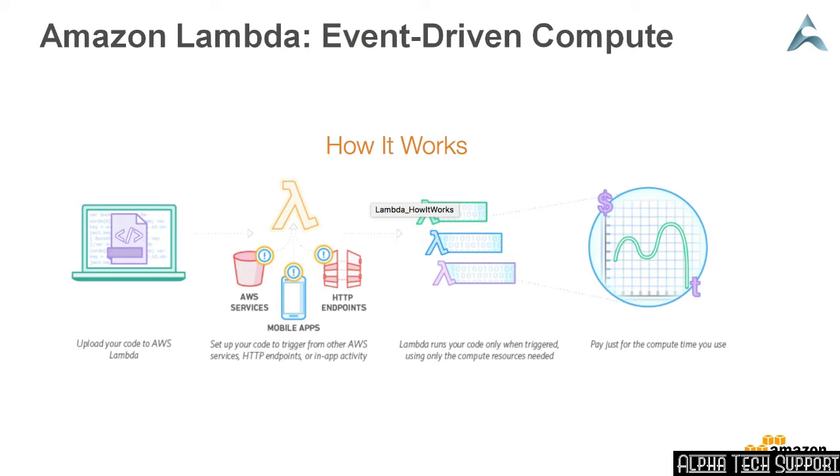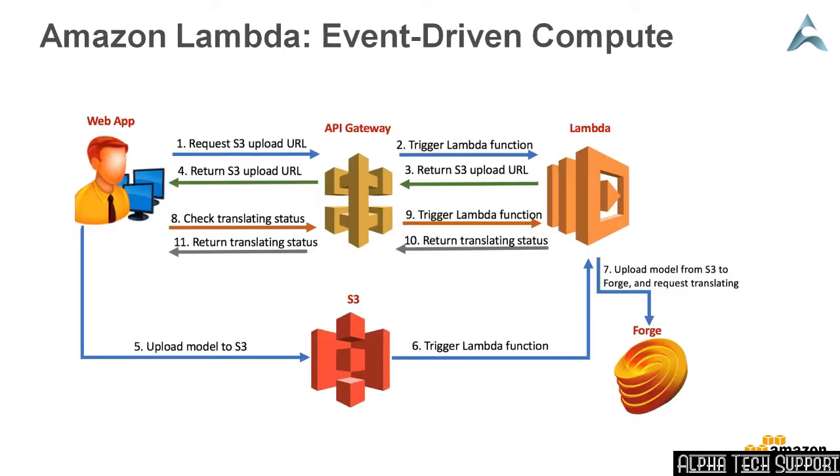So how does it work in a more enhanced manner with a web application? Here you can see Lambda is integrated with other solutions, for example API Gateway, S3 storage on the AWS Cloud, and Forge, and it integrates with the web application.